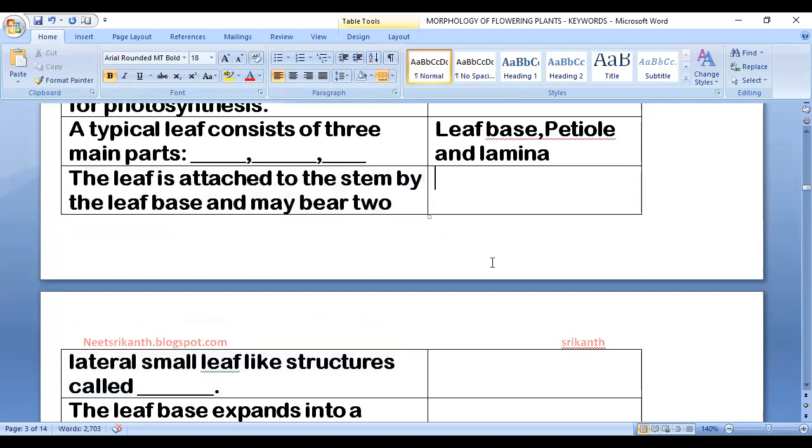The leaf is attached to the stem by the leaf base and may bear two lateral small leaf-like structures called stipules.